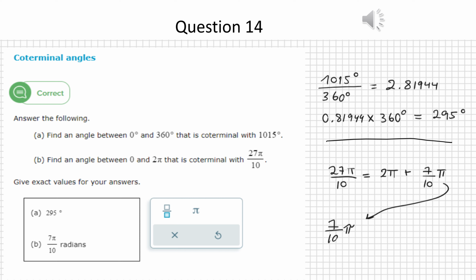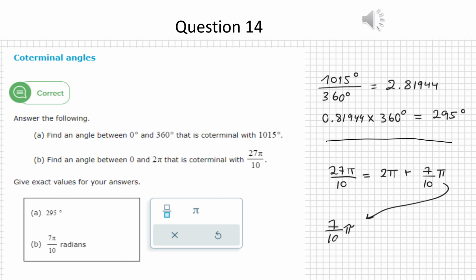Number 1, question A: find the angle between 0 and 360 that is coterminal with 1015. Okay, you can subtract 360 several times, but it is much better, when it's too long a sequence, to divide by 360.